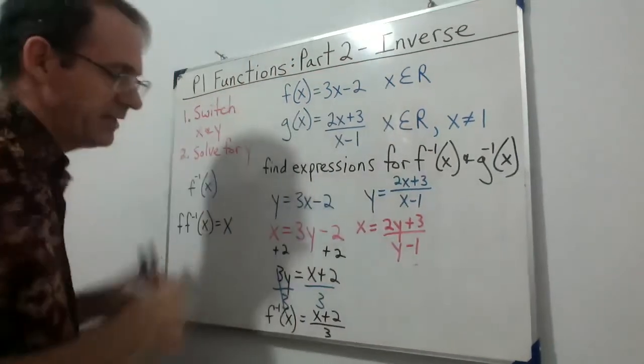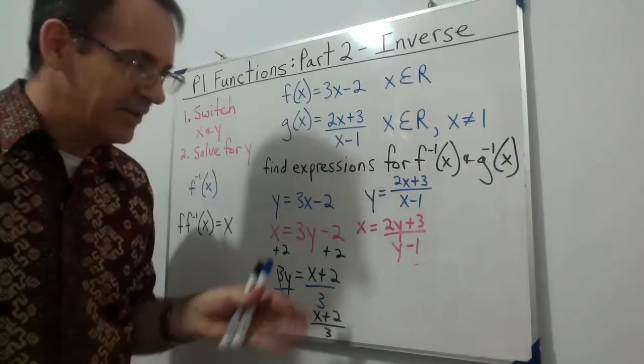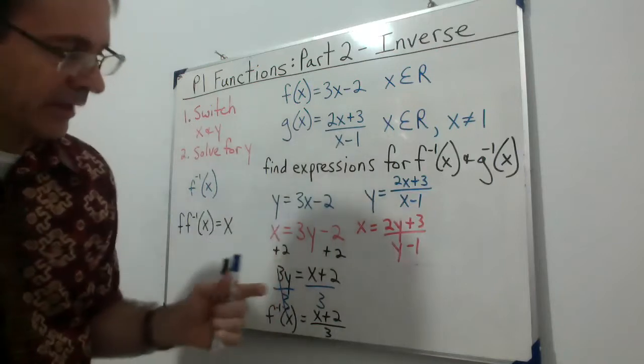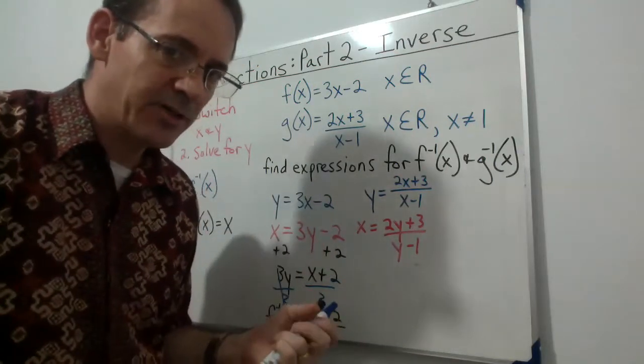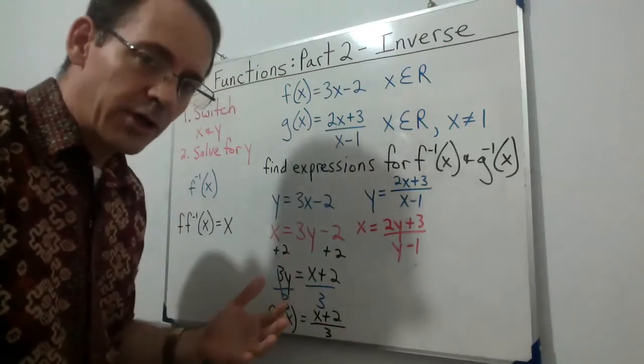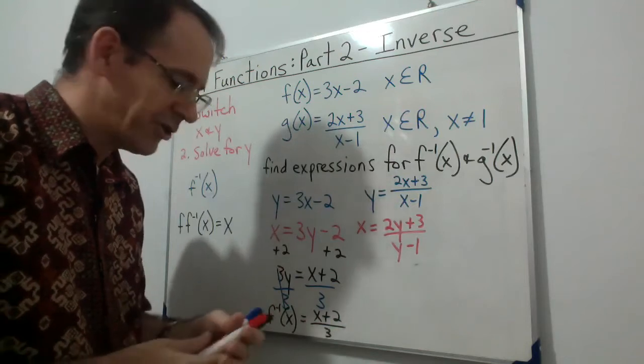So we switch the x and y. Now we need to make y the subject. We need to solve for y. Here it's a little bit trickier because we have 2 y's. So you're going to have to work it patiently so that you can get those y's combined into one term.